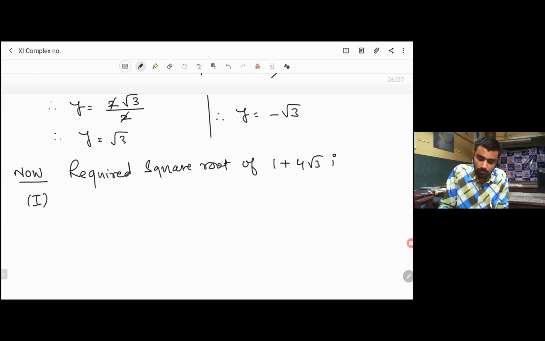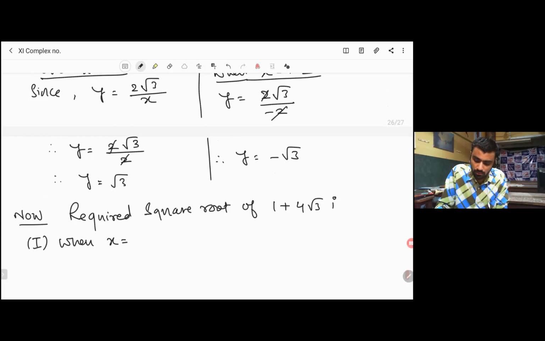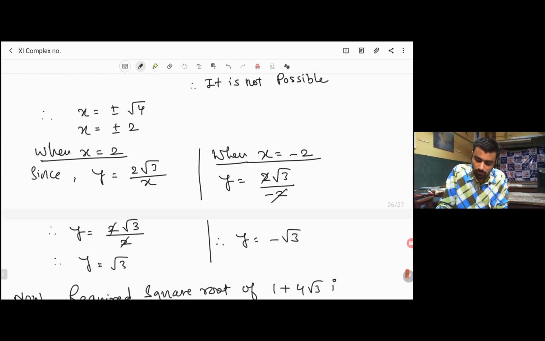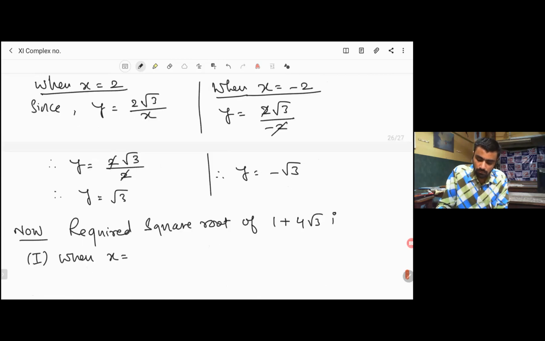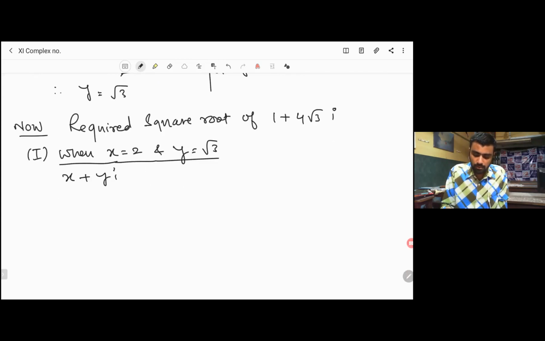So case number 1, when x is equals to 2 and y is equals to root 3, तो जब ये हो जाएगा आपका, तब आपका स्क्वायर रूट क्या आ जाएगा? तो स्क्वायर रूट क्या था हमारा? x प्लस वाई आई, ये था ना स्क्वायर रूट. Therefore it will be 2 plus root 3i.